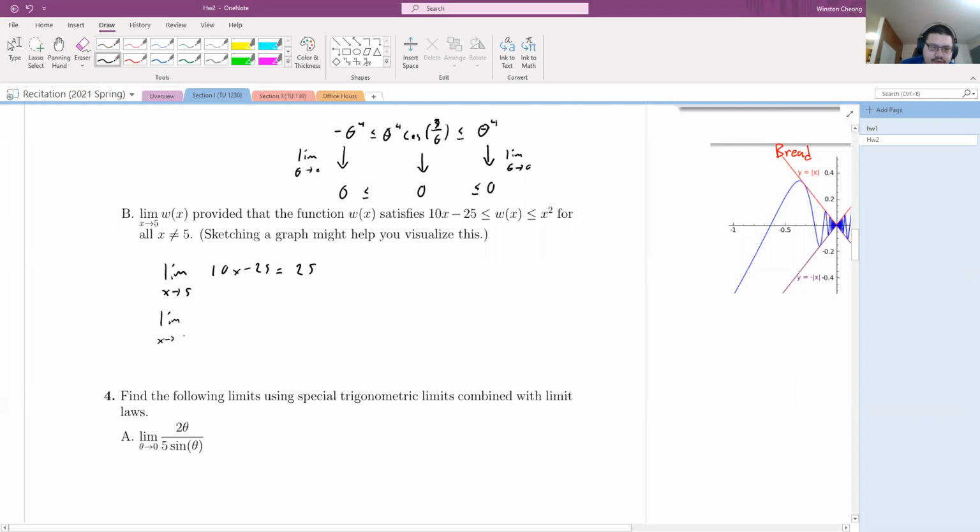And if I take the other limit, x squared, if I limit the other bounding function, we also get 25. And so then by squeeze theorem, we want to explicitly say this limit of the function w of x is going to equal 25.